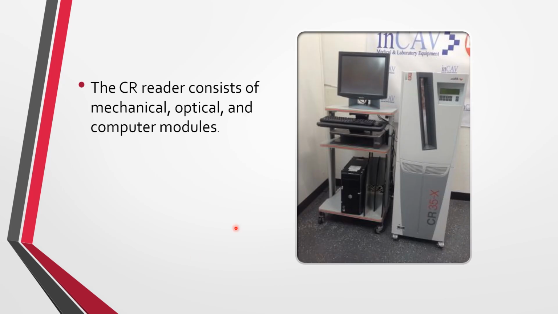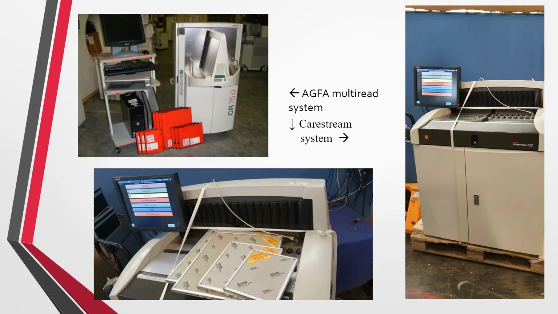The CR reader, which is seen here, consists of mechanical parts, optical parts, and computer parts. These are different types of systems here. This would be like an AGFA, and this is Kirschring, which is Kodak.